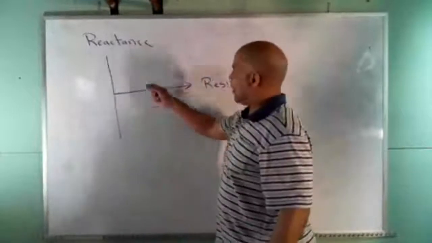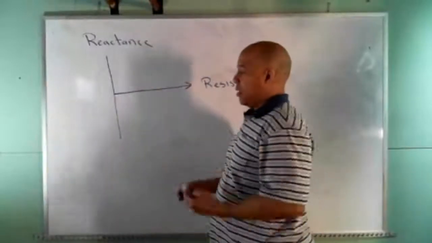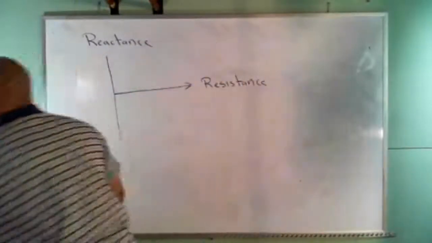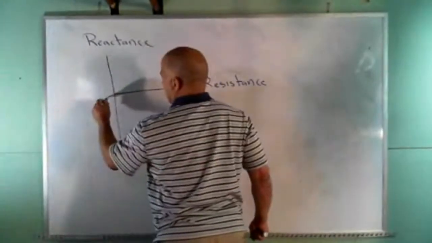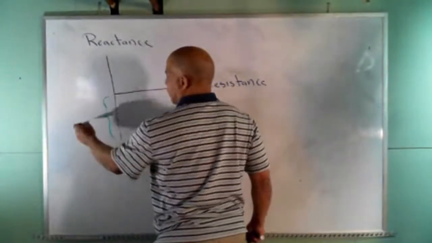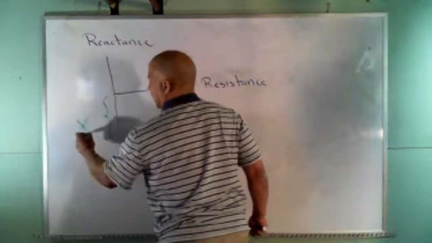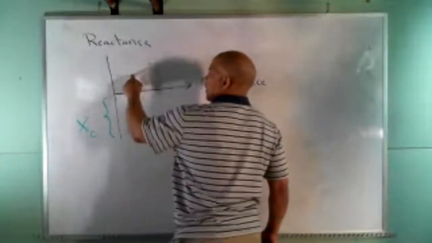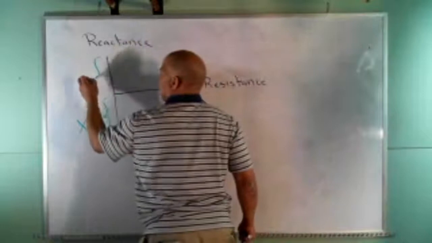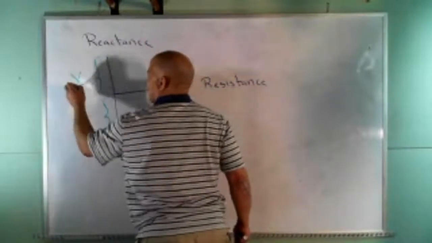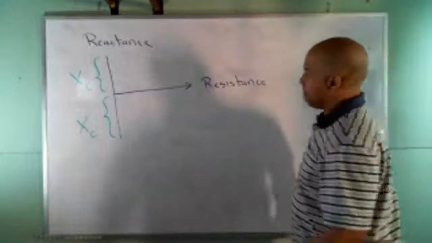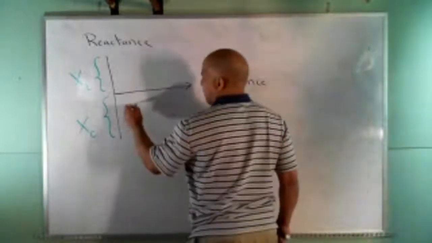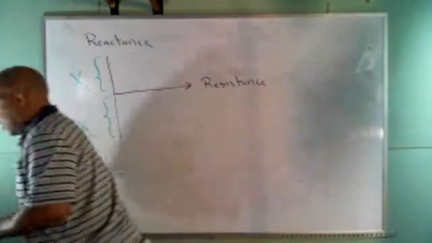If I'm in one of the quadrants, that's impedance. What I mentioned before was that this part on the bottom, those values represent XC. On the top, these values represent XL. Let me put that in another color.